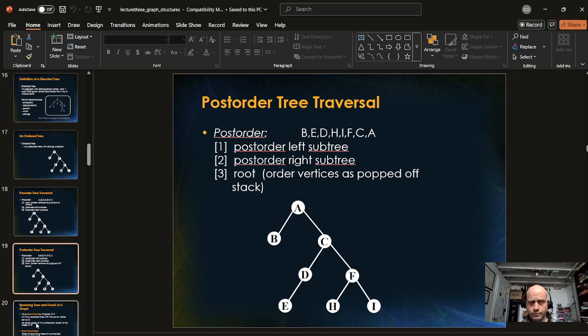Okay, so here we have, and I need to go back to follow through the actual transitions, but here I have the post-order is going to be B, E, H, D, oh, I'm sorry, B, E, D, H, I, F, C, A. Okay.